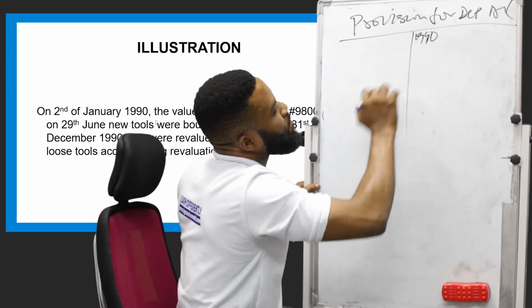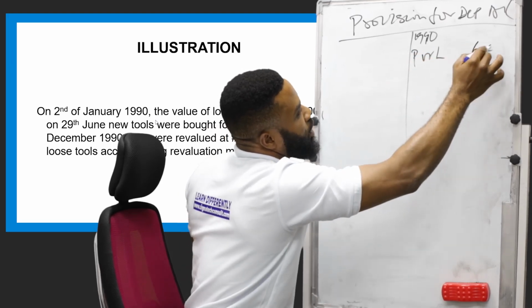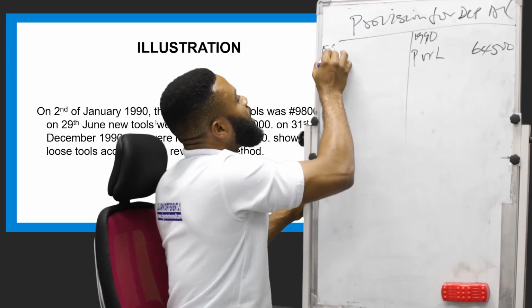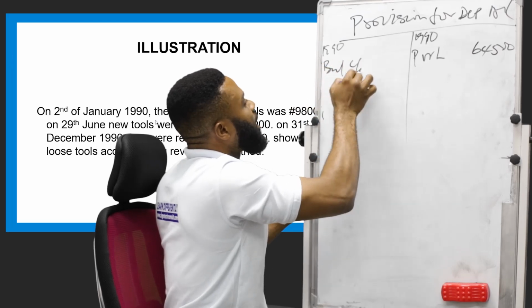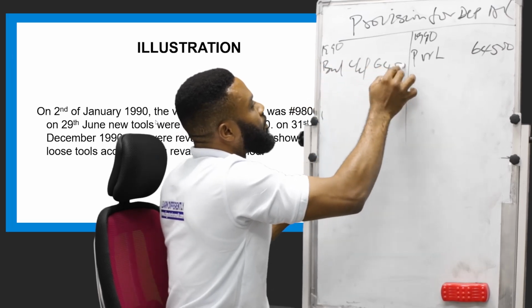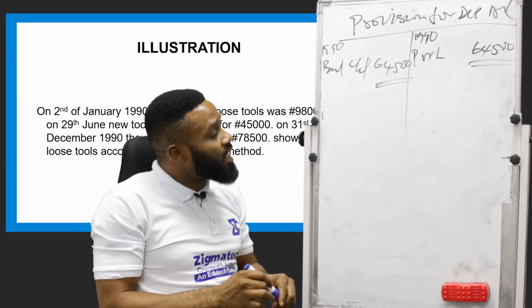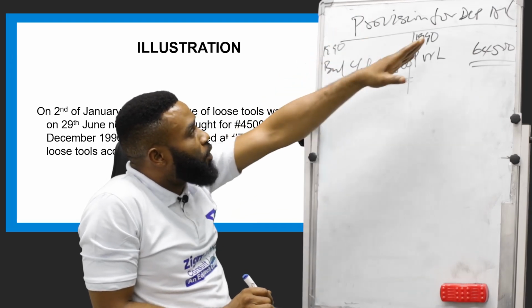And then you have your profit or loss here, which is going to be 64,500. And then you come here, you write 1990, and you have your balance carried down, 64,500. And that will be it. So that is how to prepare the provision for depreciation account.